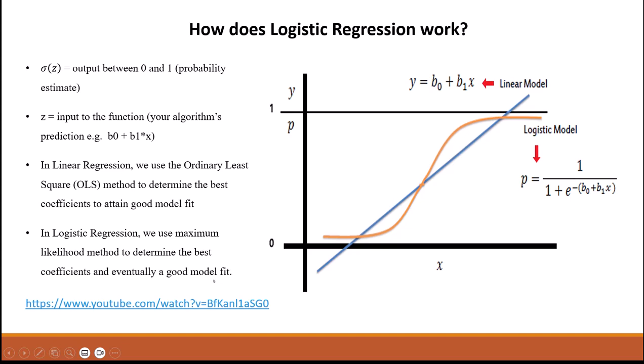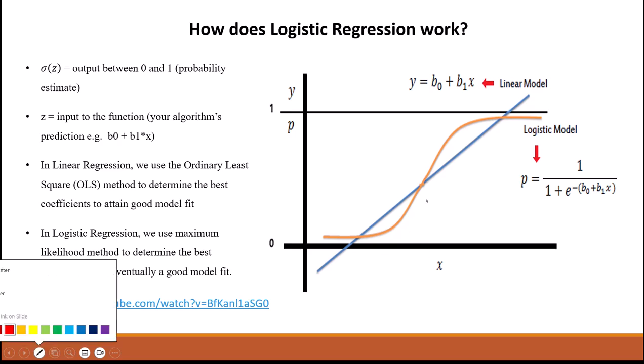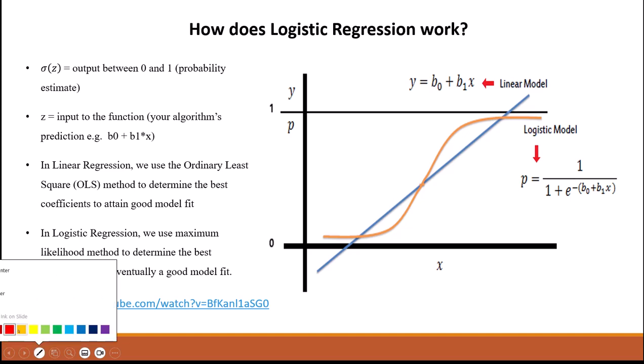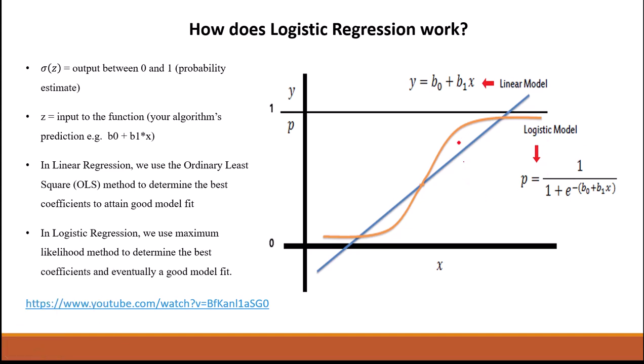Do you remember how we find the best linear line to fit our data points? Consider that these are our data points, and we want to find the best linear line.